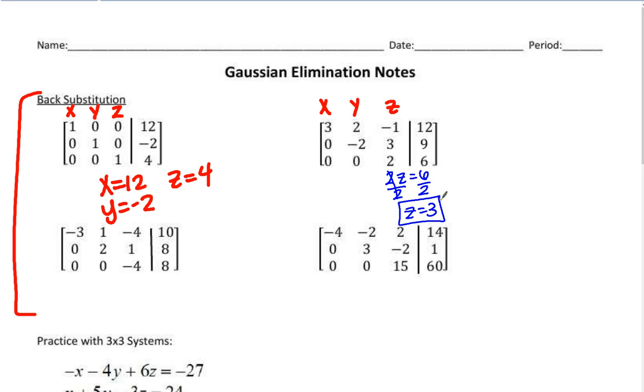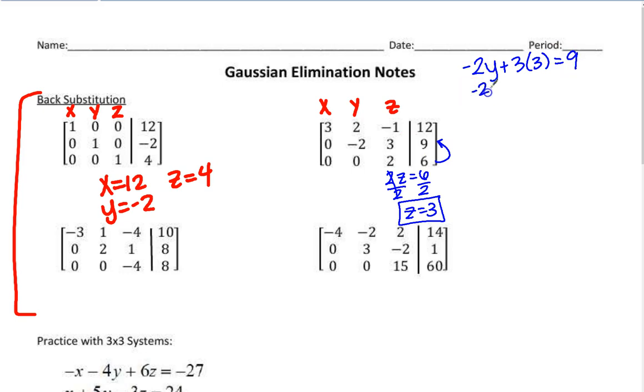Now I have to go find x and y, correct? Well, I do back substitution. So basically I go back to this equation. This is 0 x's, no x's, but it's negative 2 y's, right? So I'll do that here. Negative 2 y's plus 3 z's. Well, you told me z was 3, so I'm going to put a 3 there, and then it's going to equal 9. And then I just solve it.